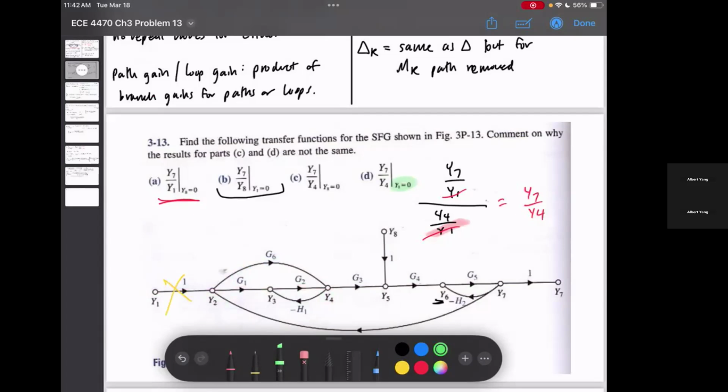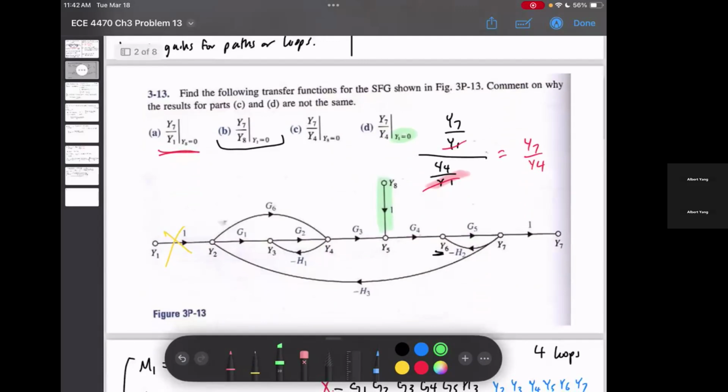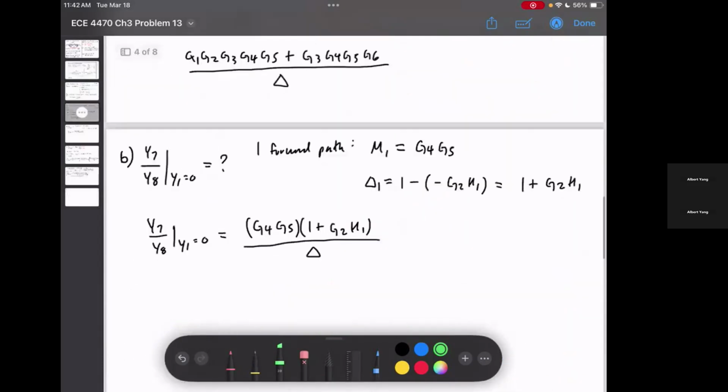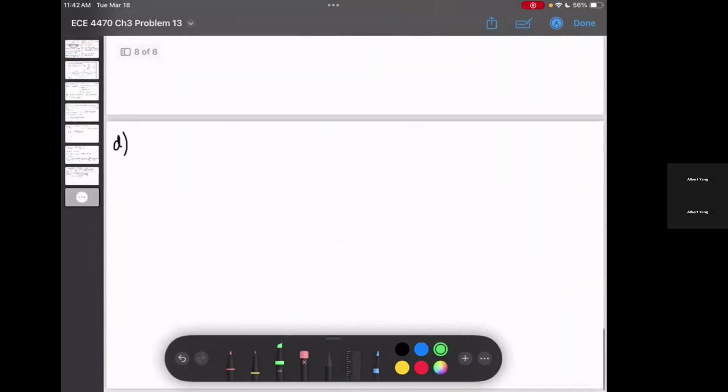We're actually going to be using this one here. And so let's write that down first. That would be maybe y7 over y4.